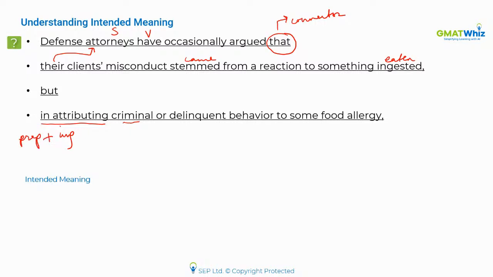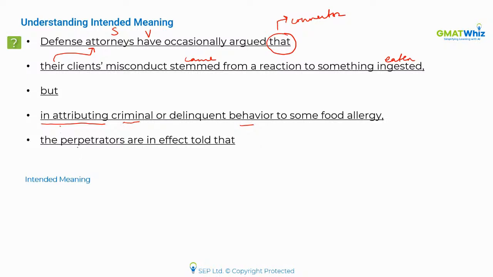Okay. So in attributing means in assigning the credit for something to something else. So in attributing criminal behavior to some food allergy, the perpetrators are in effect told that.